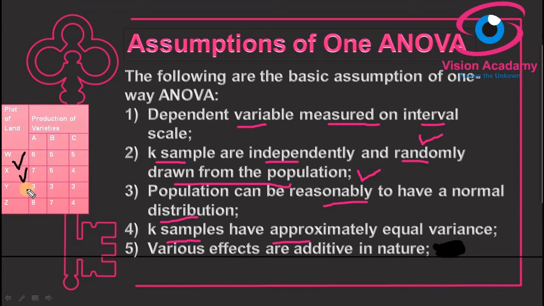We have more than 2 samples, so this is a k level sample. It means assumption 4 in this example is fulfilled. So in this way we have to fulfill the assumptions of one way ANOVA on our data. Unless you fulfill the assumptions of one way ANOVA, you are not going to get a right conclusion using it.